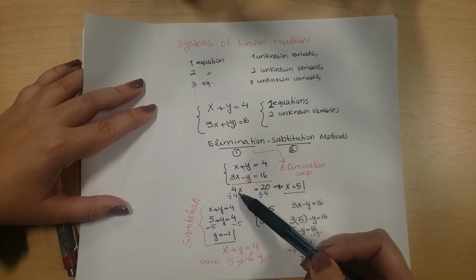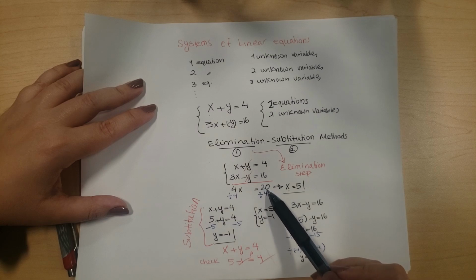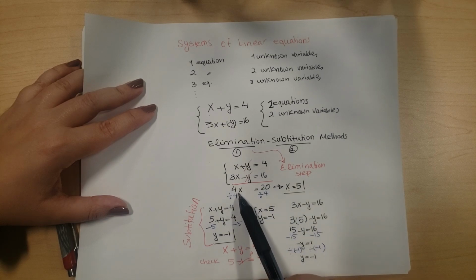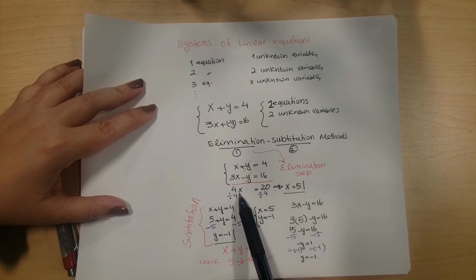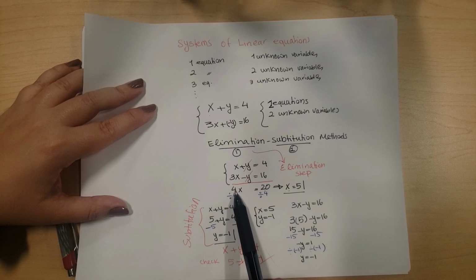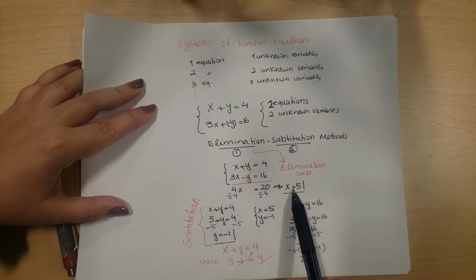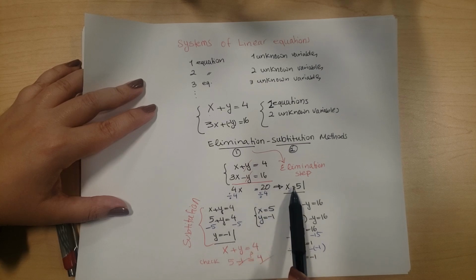So these two cancel out, these two add up, and 4x is equal to 20. This is one linear equation in terms of x, so I can find x. Here x is multiplied by 4, so I divide by 4 to get my x value, which is 5. This is the elimination step, the first step. I eliminated the y and found the value for x.